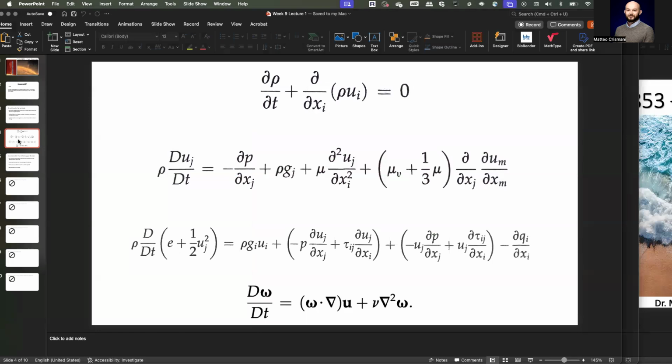Okay. So this is now all of the equations together. What are they? Okay, first one. Mass conservation.